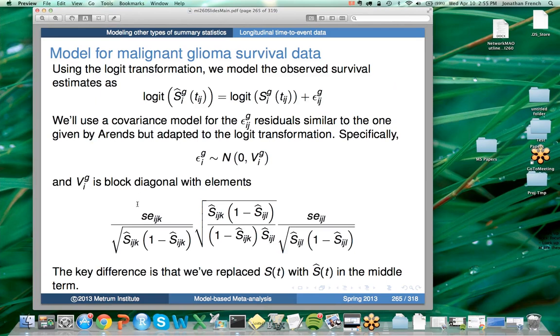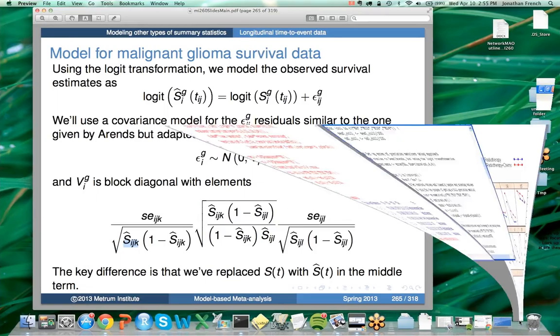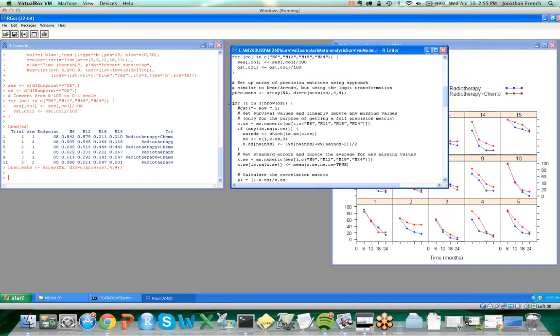It's essentially calculating the variance covariance matrices V_i and then inverting them. And it's calculating those V_i using the standard errors and the observed survival probabilities.